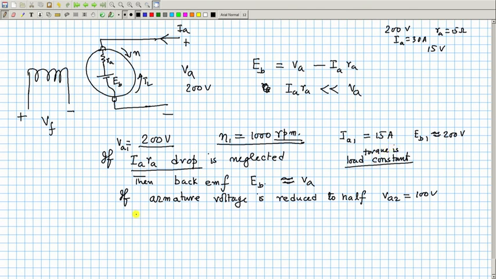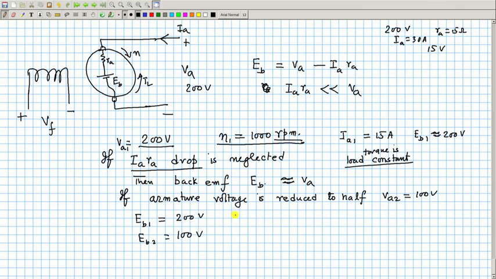Then what I will say, E_b1 is equal to 200 volt, I know. What is E_b2? It has to be 100 volt, because the IaRa drop is neglected. Initially the machine was running steadily.